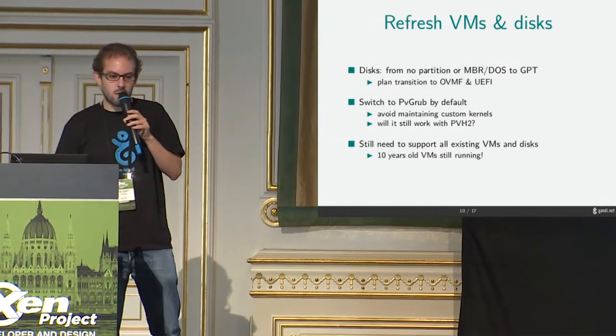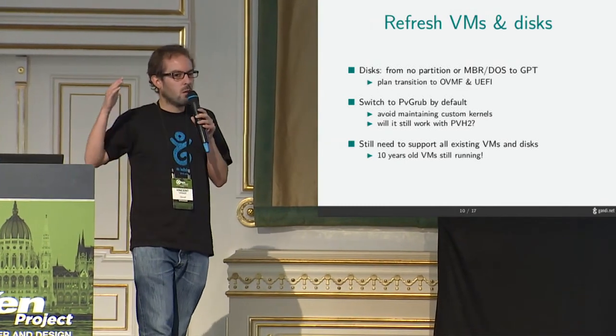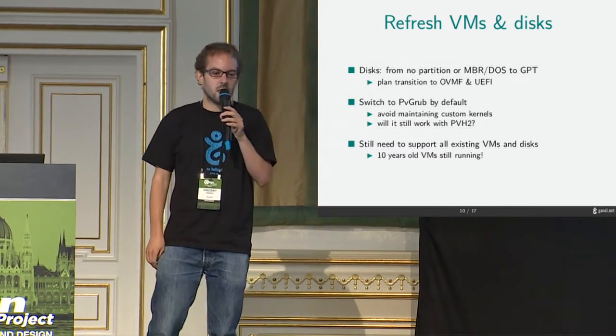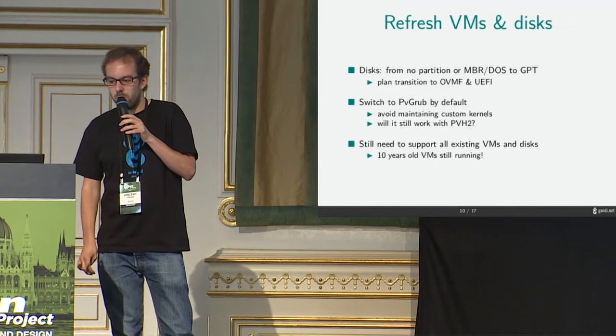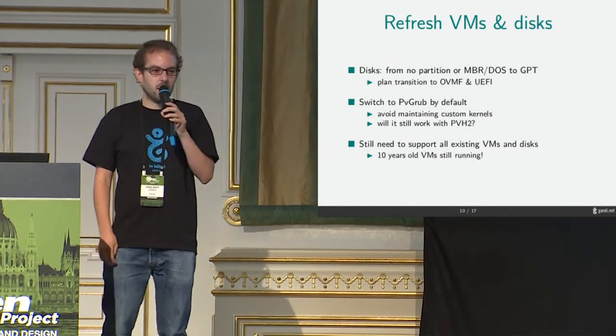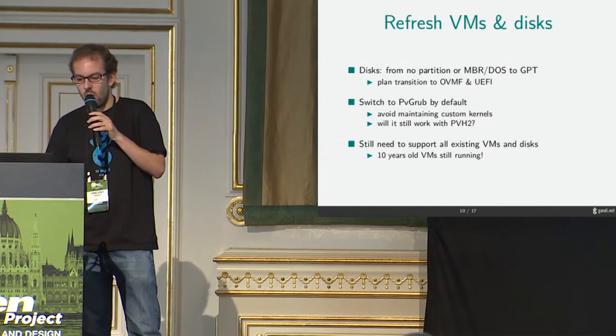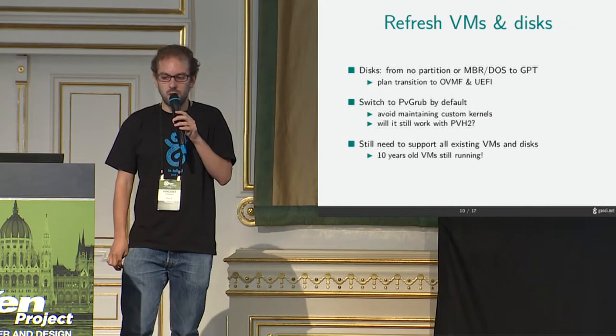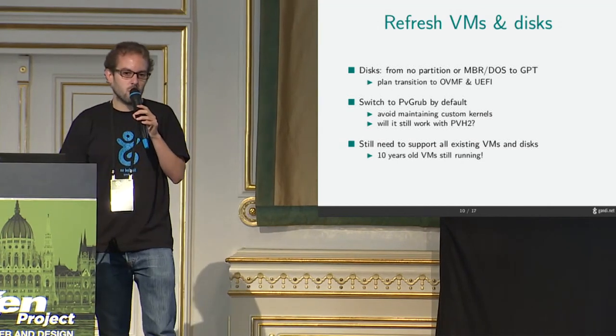For PVGrub, we may want to switch to PVH2 when it becomes available in Xen, maybe next year. We know PVGrub may not work with PVH2, so we might have to find a different solution for that. Or maybe, I don't know if it makes sense to port PVGrub to PVH2, so we'll have to think about what we can do here.